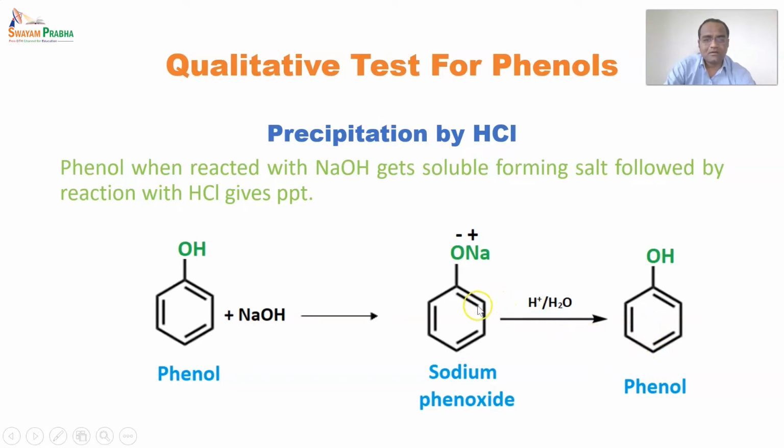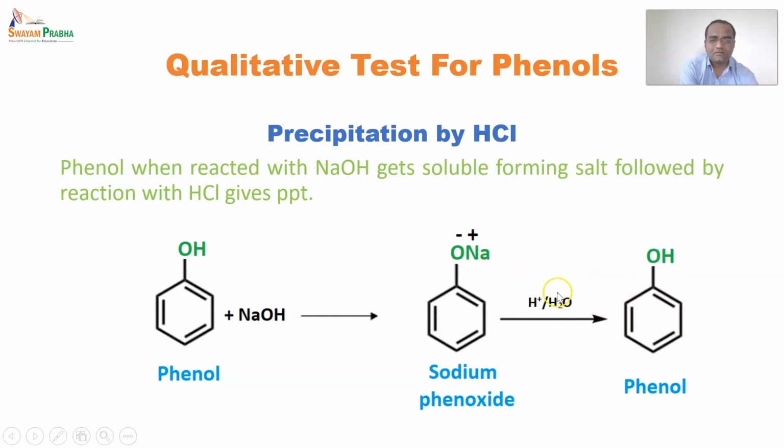Because when it forms the salt, the sodium phenoxide gets solubilized, and now when acid HCl is added, this HCl reacts with sodium and forms sodium chloride plus water, due to which this sodium chloride, whatever has been formed, is more soluble in water compared to phenol.